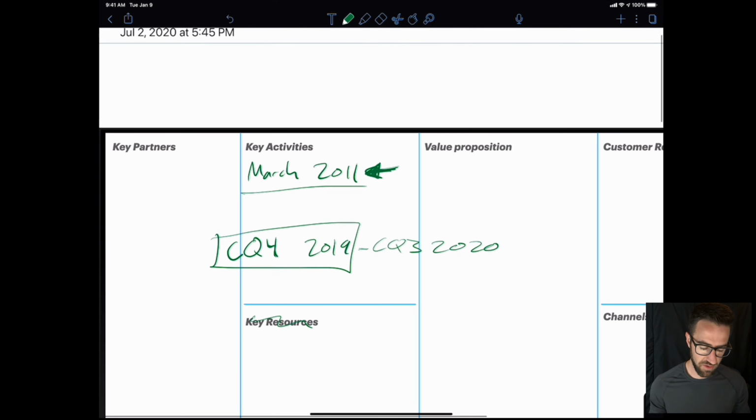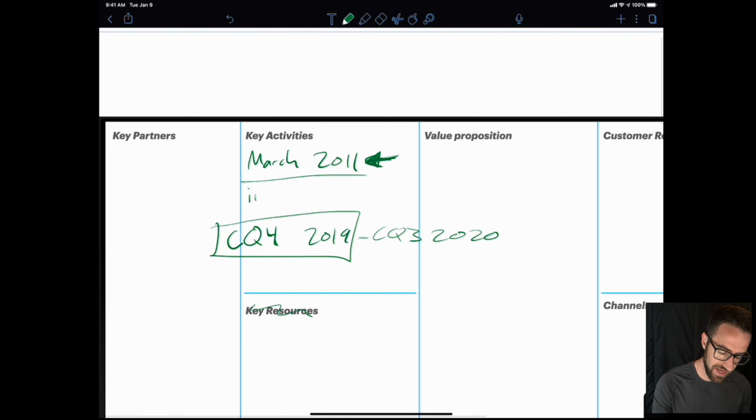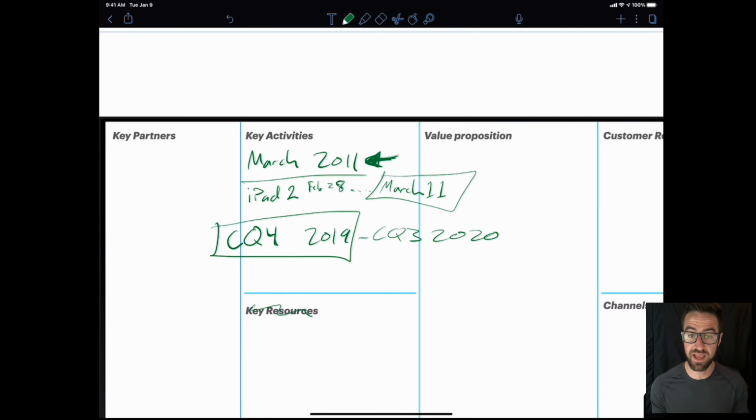The interesting thing here was that Apple, at the exact same time, announced the iPad 2. I think they announced it on February 28th or something like that, and they started shipping on March 11th. Now, March 11th is the same day that the earthquake happened. So the Japan earthquake.